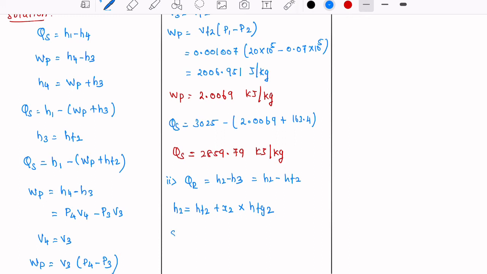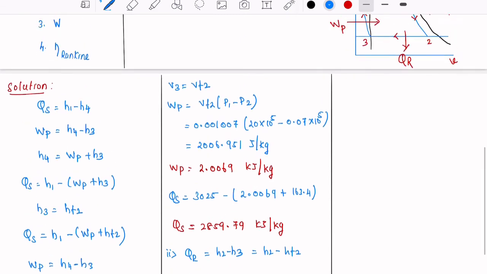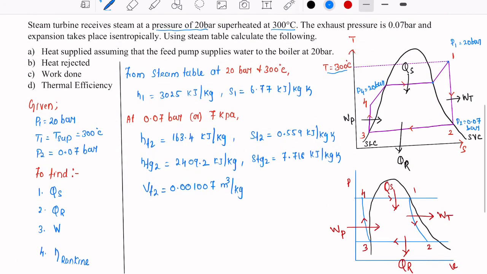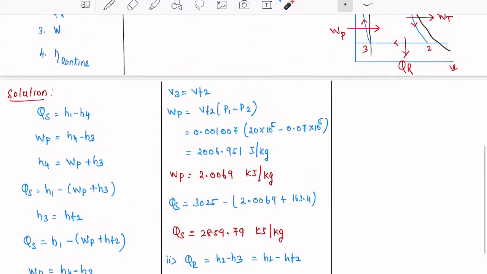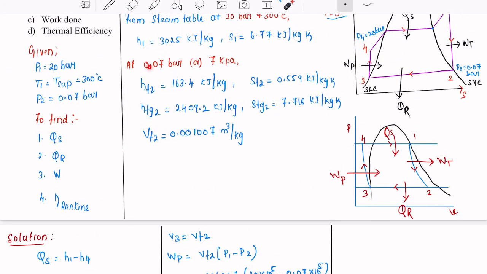The value of S1 is equal to S2, which is equal to SF2 plus X2 into SFG2. We have this equation and we know the value of S1, which is 6.77. That is, we have S1 is equal to 6.77 and we have the SF2 value and SFG2 value at 0.074.